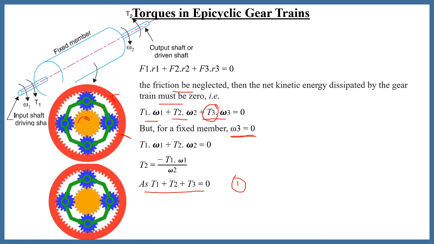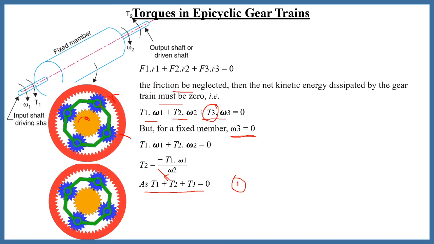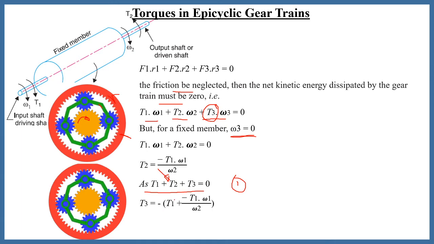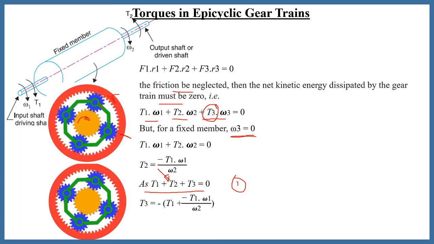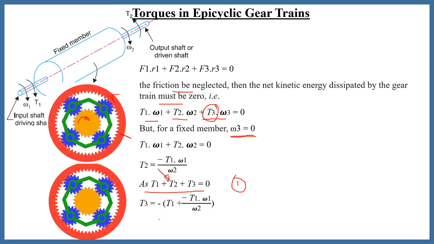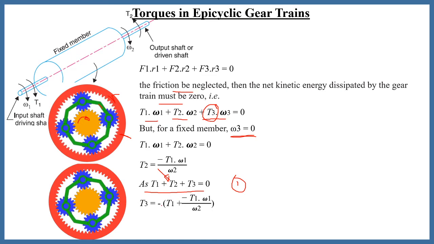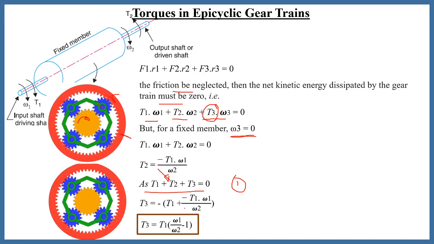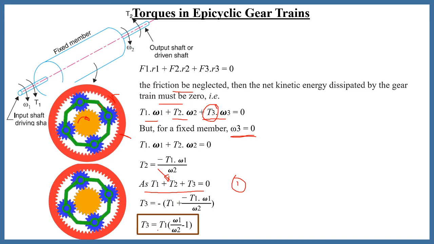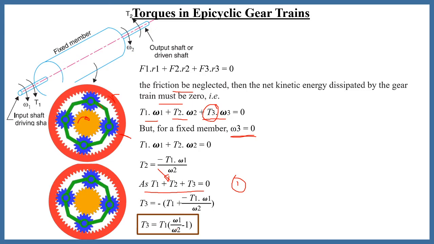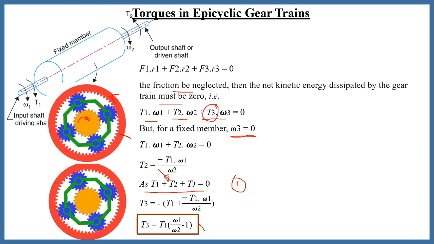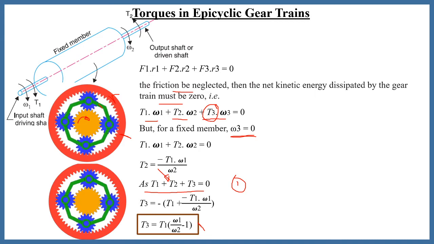If you put this value in this equation, we'll find that T3 is equal to minus T1 minus T2, that means minus (T1 plus T2). That value of T2 you have to put over here. We'll find T3 is equal to T1 into bracket omega 1 upon omega 2 minus 1. This is the T3, which is the holding torque or the fixing torque.